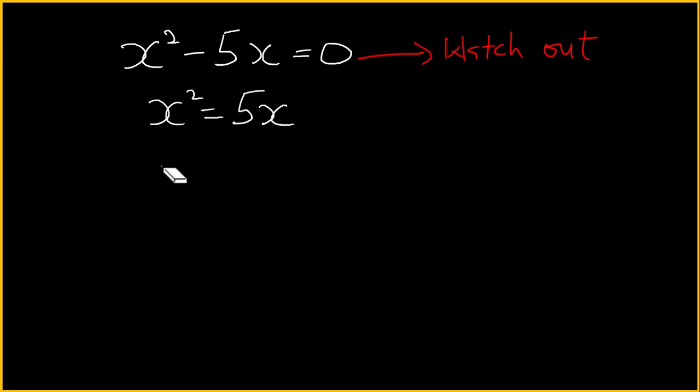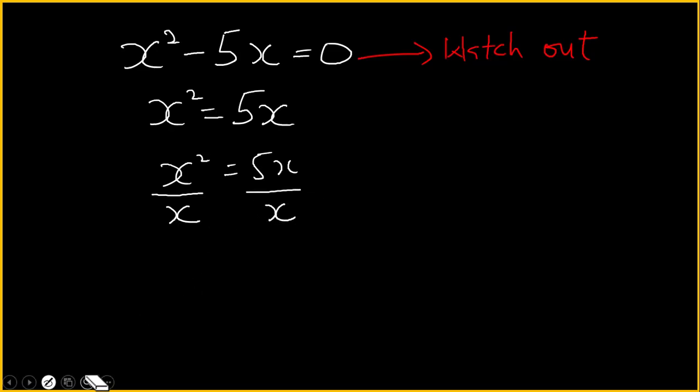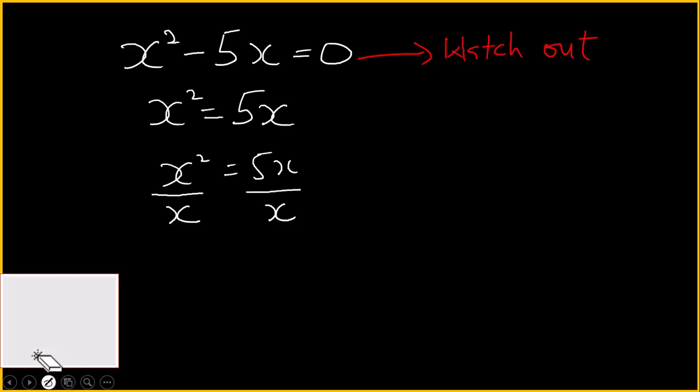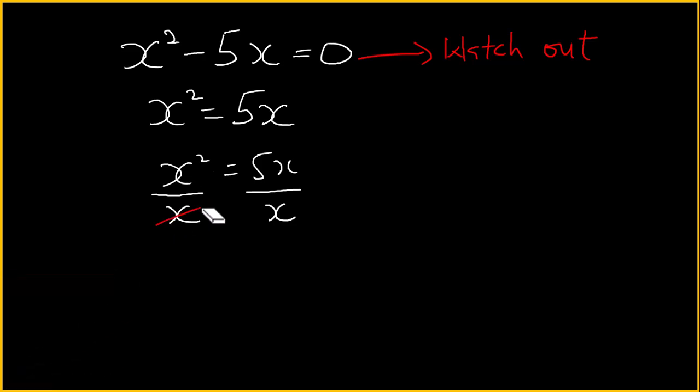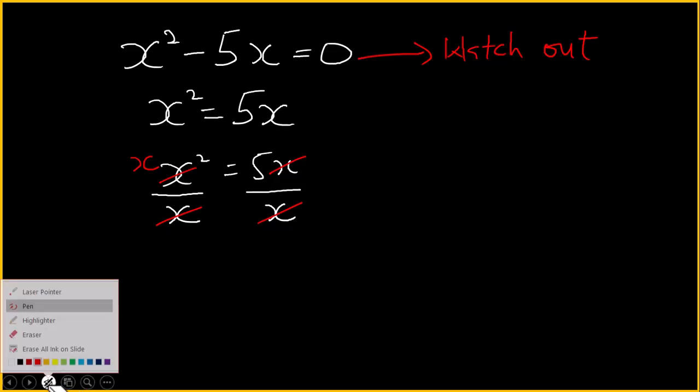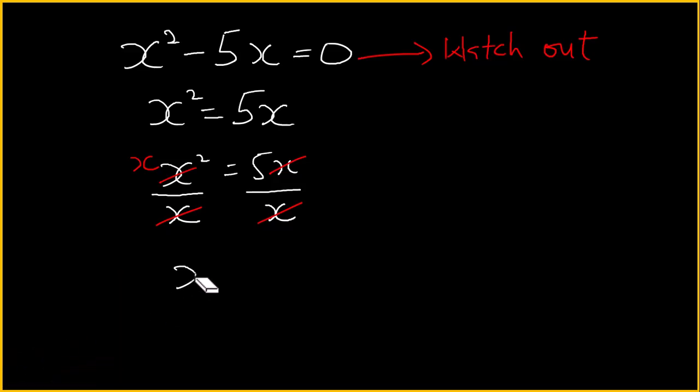So x squared equals 5x, x squared divided by x, 5x divided by x. In doing this, one of the x gets rid of this, so there is still x here, and then x cancels off x. So x is equal to 5, and they always conclude this way. But this is a wrong approach.